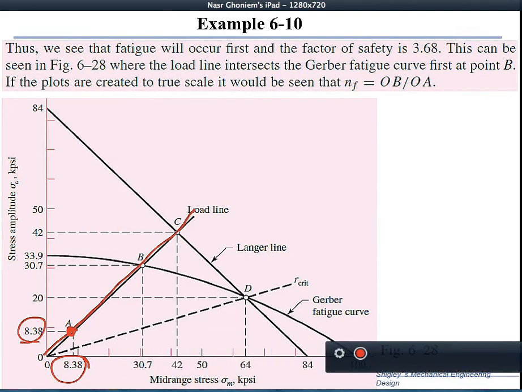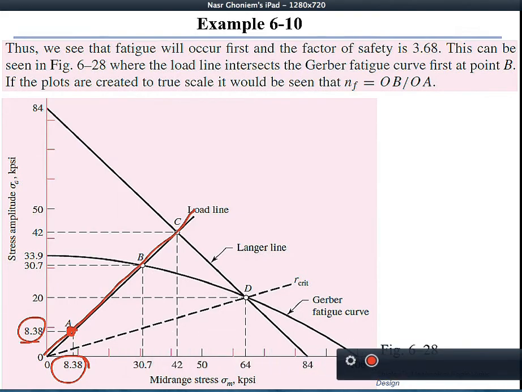And we know that the load line is sigma alternating divided by sigma mean equal to R, and in this case R is equal to 1 because the alternating is equal to the mean, and that is the load line, as you can see here.